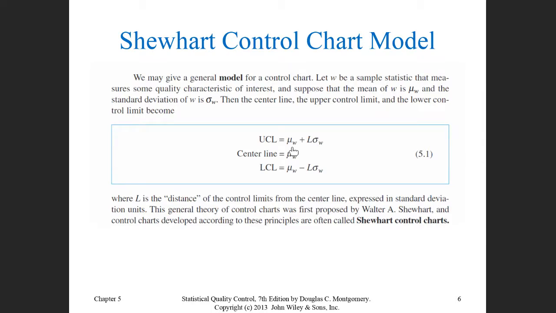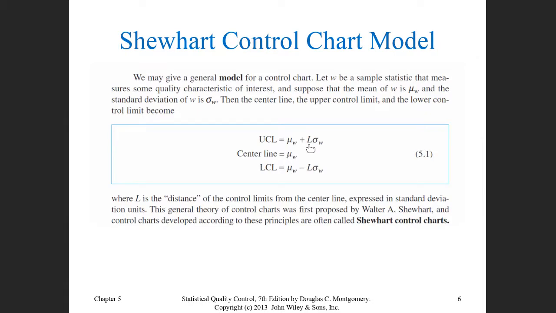Mu, I think all of you now know, is the mean. L is multiplied with the standard deviation. What is the L? L is the distance. So you don't forget the abbreviation, instead of distance, you can refer to it as length.